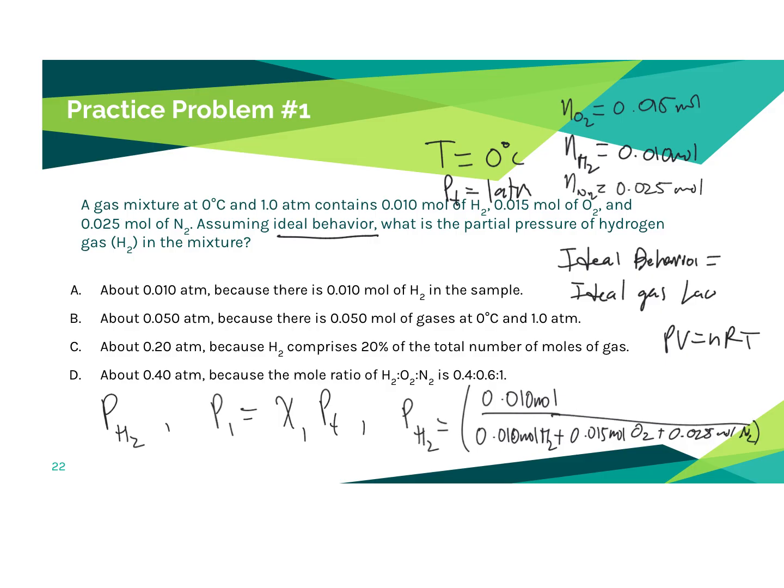Because we have to include all of them. And then we multiply that by our total pressure, which is 1 atmosphere. So we get the partial pressure of H2 is equal to 0.2. So our answer would be C.